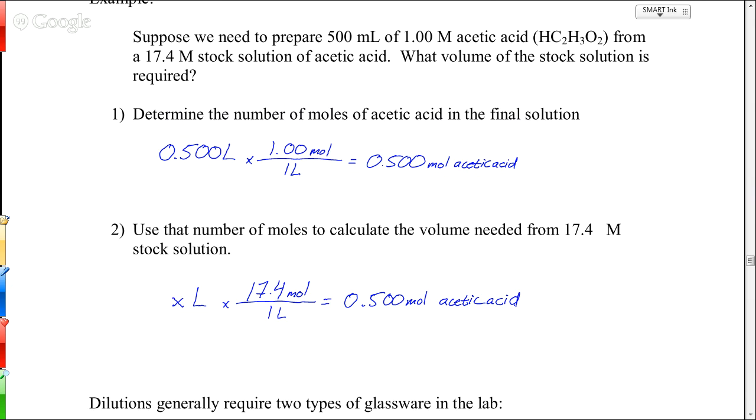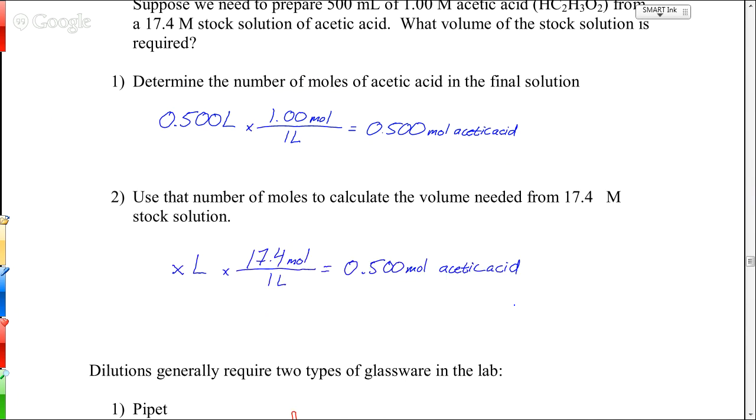So we solve for that by dividing both sides by 17.4. That one I can't do in my head. It comes out to 0.0287 liters, or 28.7 milliliters.